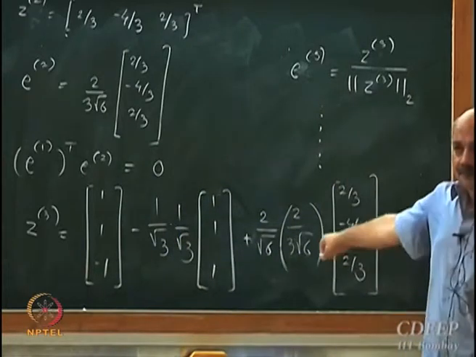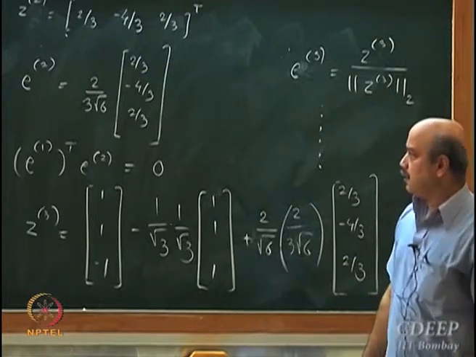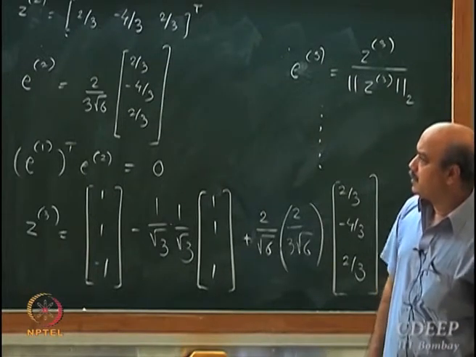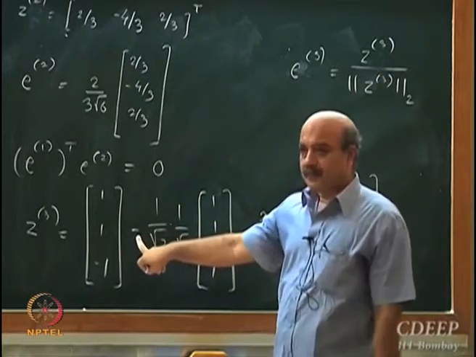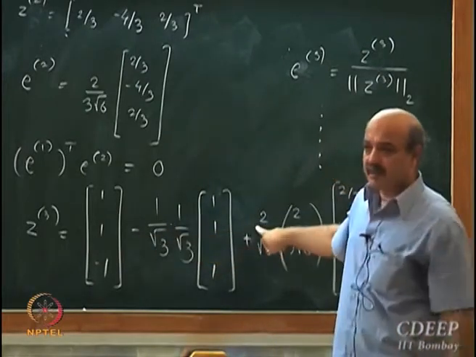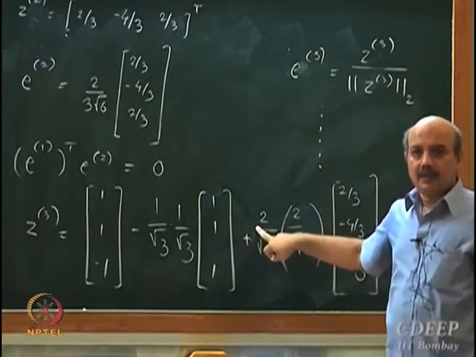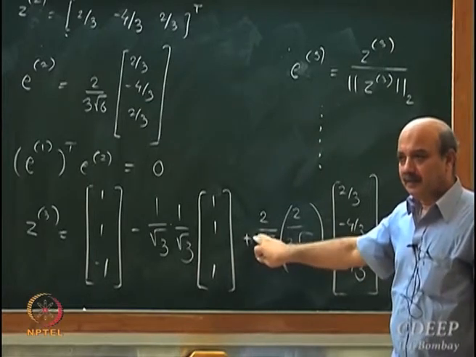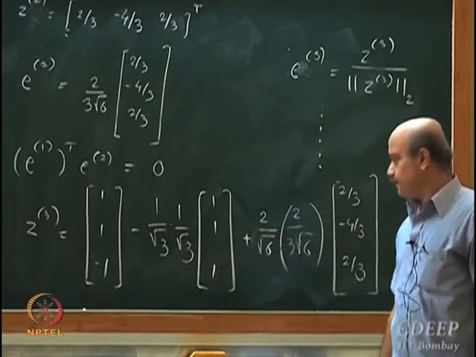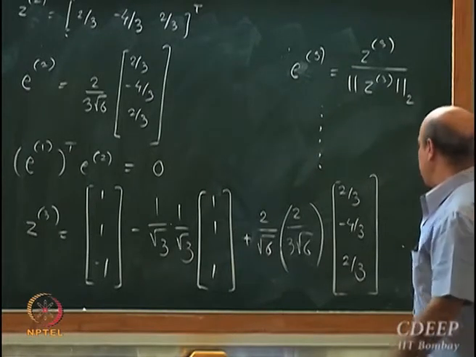Is that fine? Because there was, did we have a minus? Is this minus correct? This is correct. What about here? This becomes plus? Does it become plus? Is it fine? Okay, so what is this vector finally?